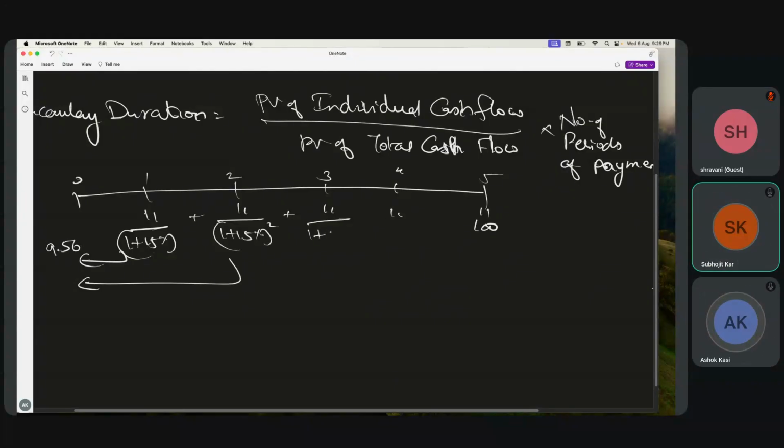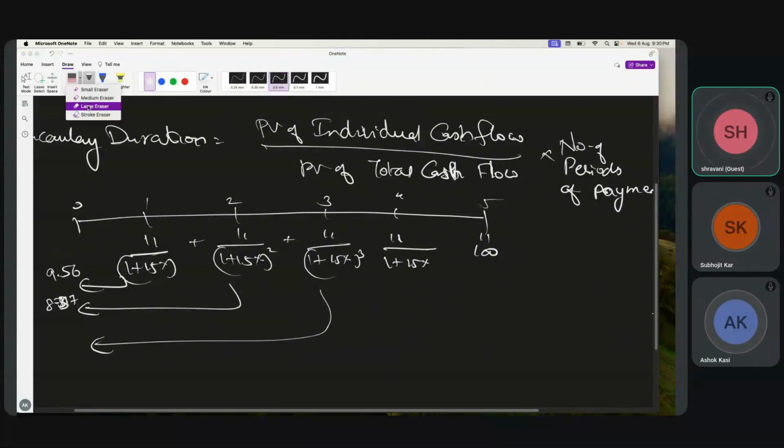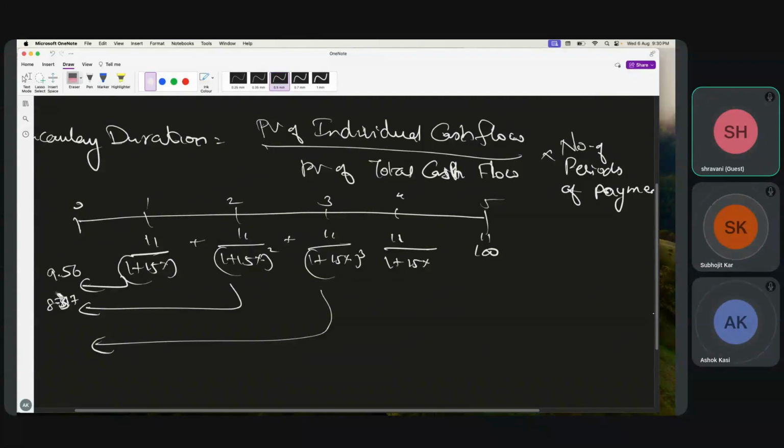Okay. Yeah. Second one. 8.317. Next one is what? 7.2326.